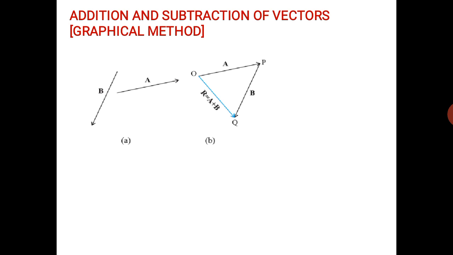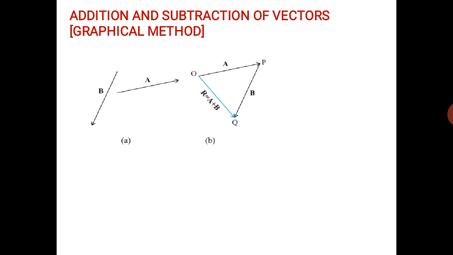Now one more vector, B. For that vector B, you have to start at P and draw the same length of the vector B along with its direction. So for the first vector, O is the initial point, P is the terminal point or end point.